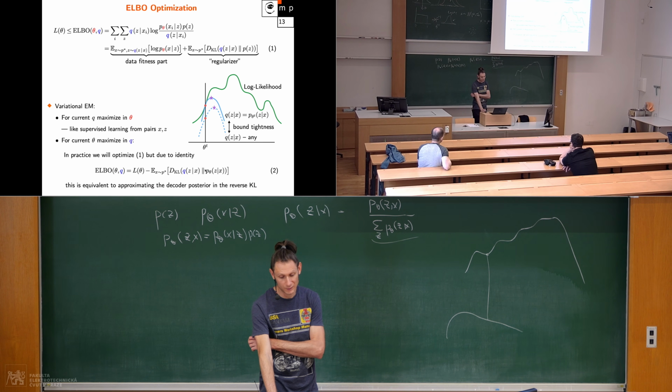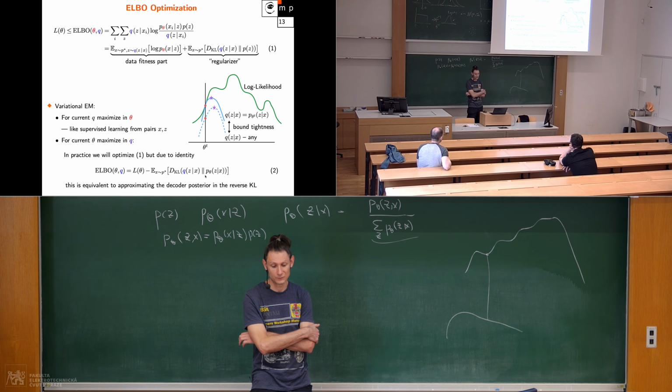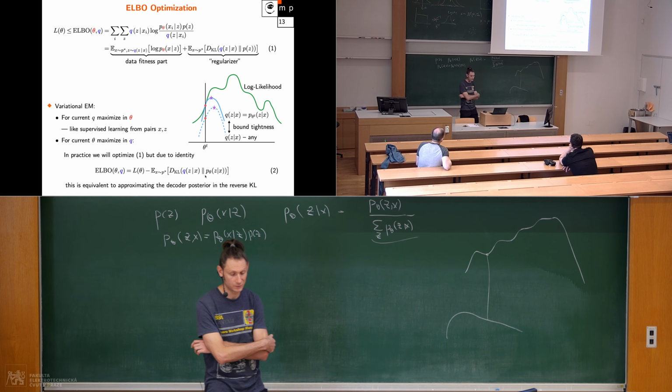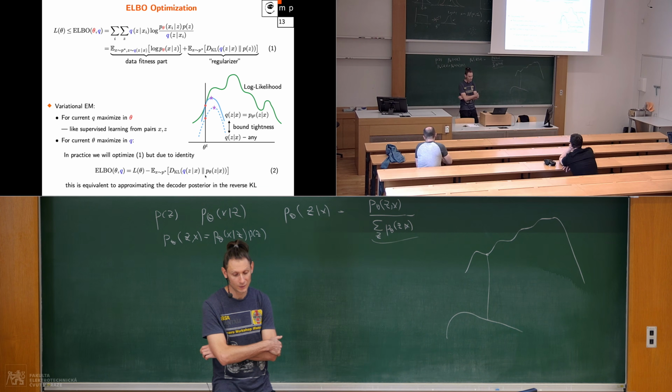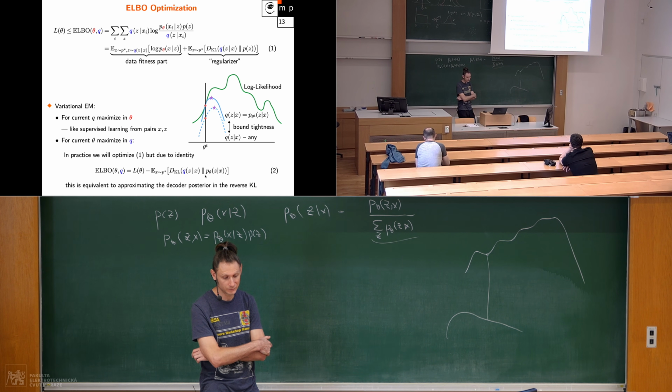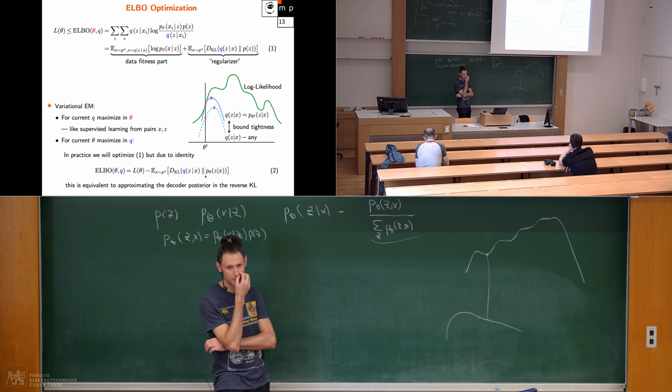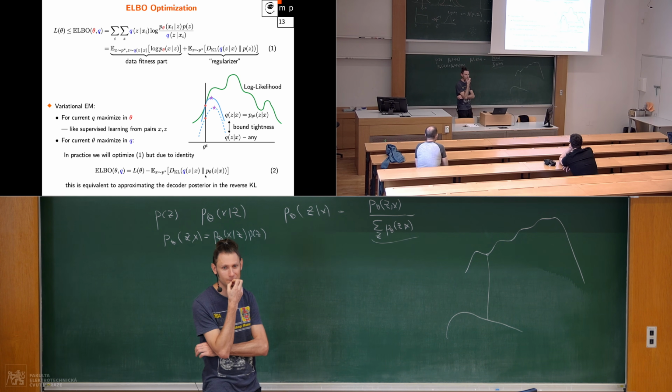So we cannot compute this true posterior distribution. We will not compute it. But the result of the optimization will optimize this reverse KL divergence from the encoder to the true posterior. So it will learn to do the Bayesian inference as a result. Does it make sense?